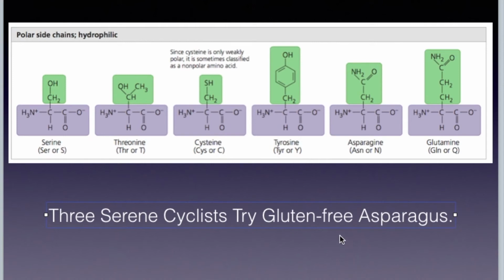And gluten-free, this is kind of straightforward because GLUT, gluten, corresponds to glutamine, and asparagus corresponds to asparagine. So they are quite similar in pronunciation. We have 3-serine cyclist tri-gluten-free asparagus, and corresponding to the amino acids, we will have threonine, serine, cysteine, tyrosine, glutamine, and asparagine.